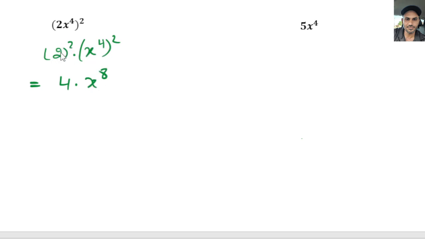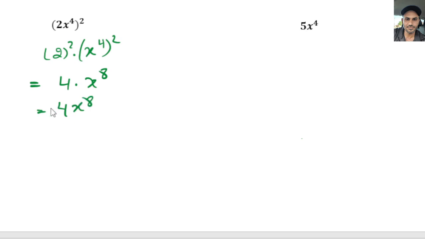This is just properties of exponents. When we have an exponent raised to an exponent, we just multiply the two exponents. So we have 2 to the 2 is 4, and x to the 4 to the second power is x to the 8. So we have 4 times x to the 8, or 4x to the 8.